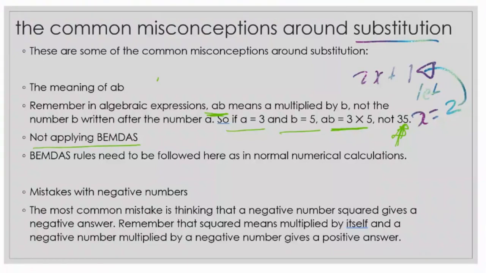Okay, other mistakes that you find when you're doing substitution, most of the time, when you're working with negative numbers are problematic. Honestly, they are problematic if ever you've got, let's say, negative 2x plus 1, and then you say let x is equal to negative 3.